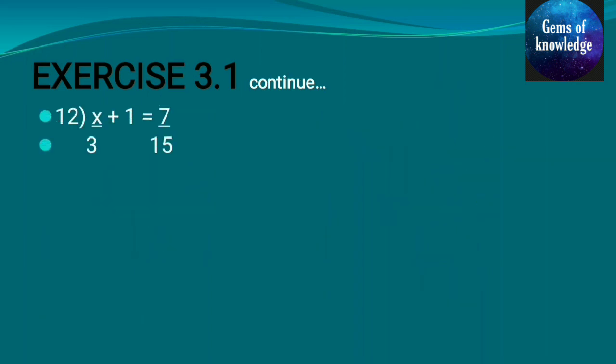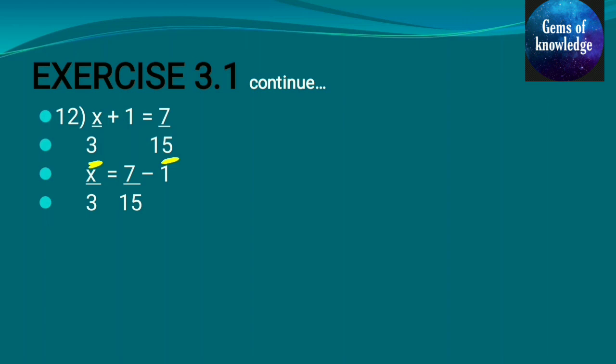Next question: x by 3 plus 1 is equal to 7 by 15. Now the case here is that you have two different denominators. As you have two different denominators, you must take the LCM here. So we will keep this x by 3 as it is, which is equal to 7 by 15 as it is.